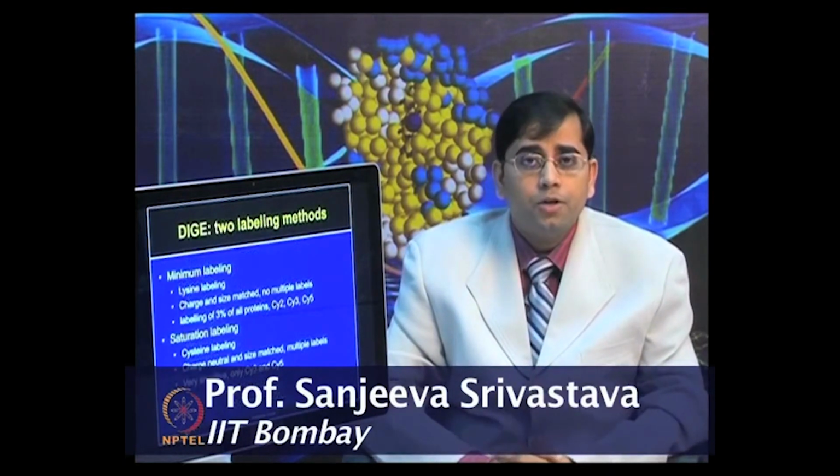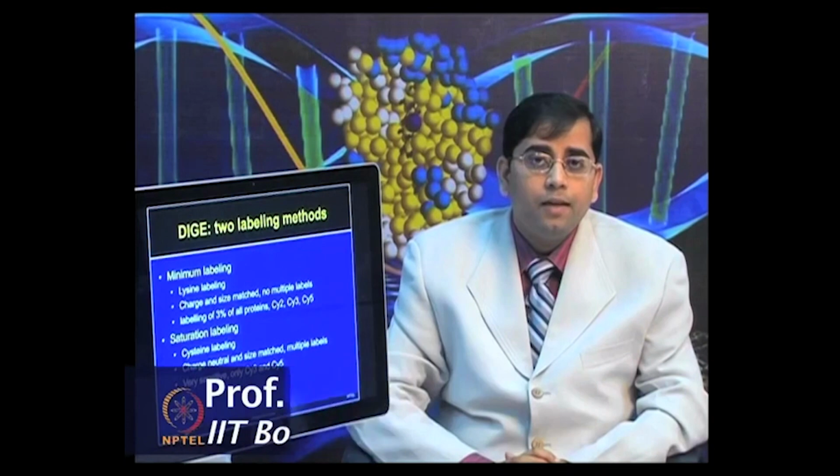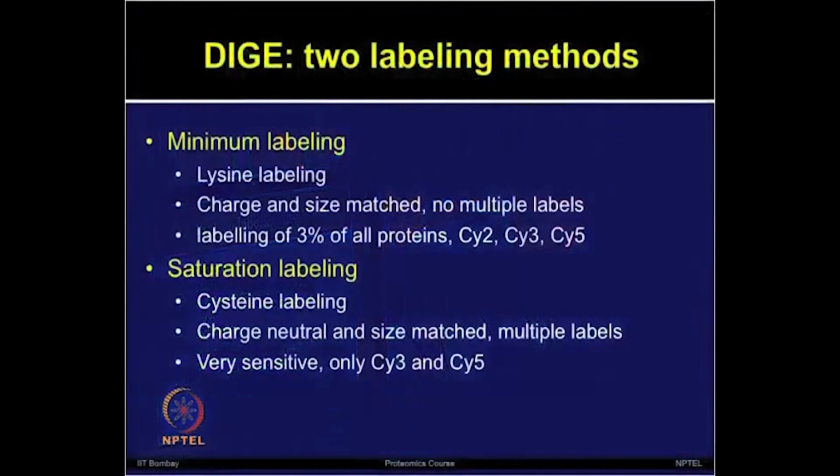Now, let us talk about the different types of labeling methods. In DIGE, there are two different types of labeling methods possible. One is the most commonly used, lysine labeling, and the other is cysteine labeling.